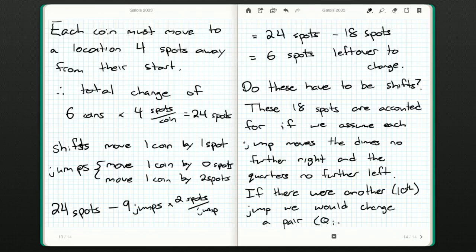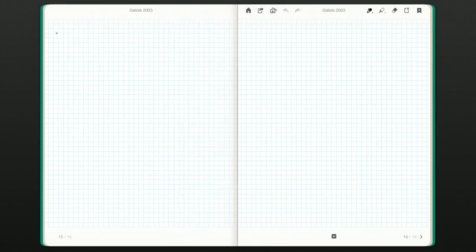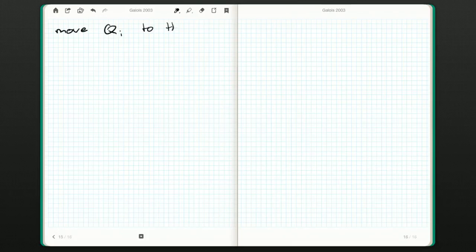we would take a quarter, let's call them QI, and a dime DJ. And it would move QI back to being on the left of DJ.